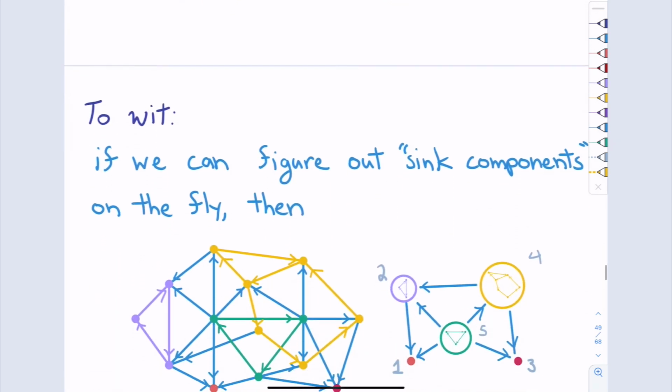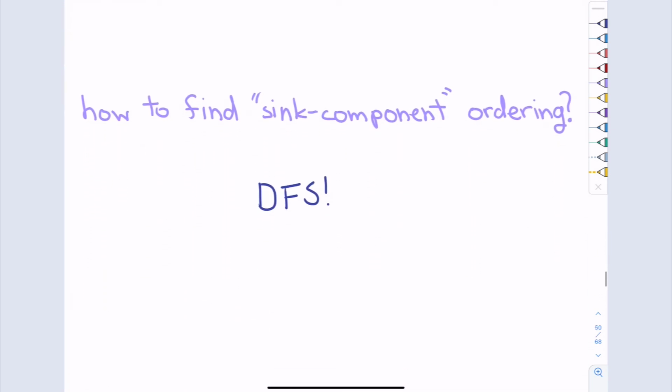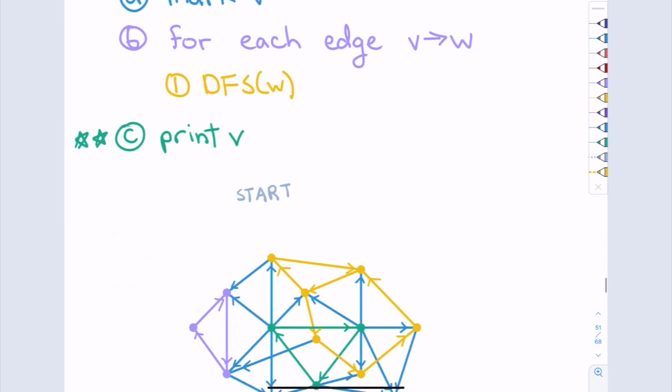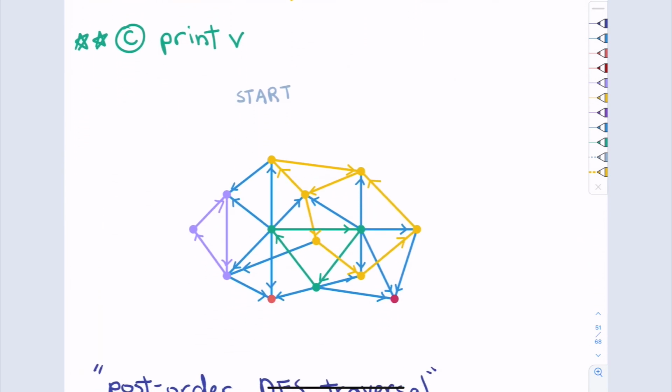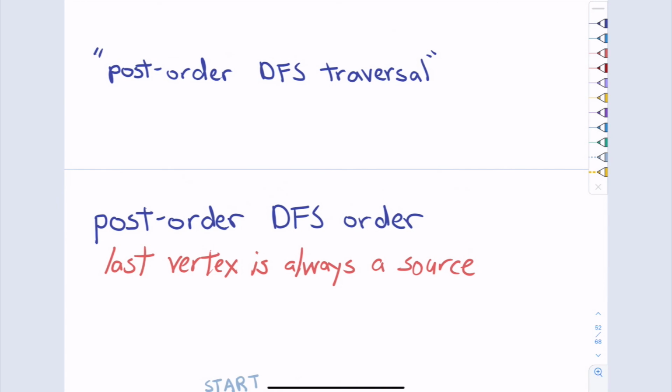All right, so I want to identify the sink components, and what we're going to use is DFS again. It's very clever. Now, remember we had post-order DFS traversal, which had some relationship to topological order.